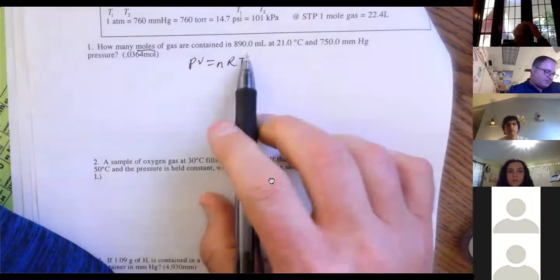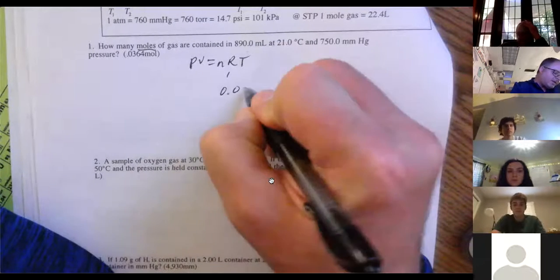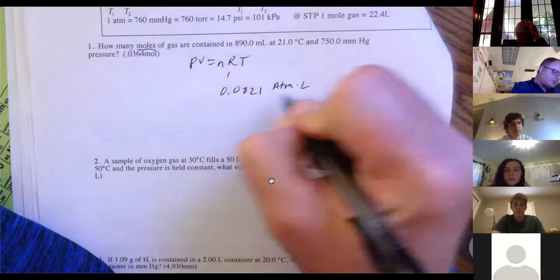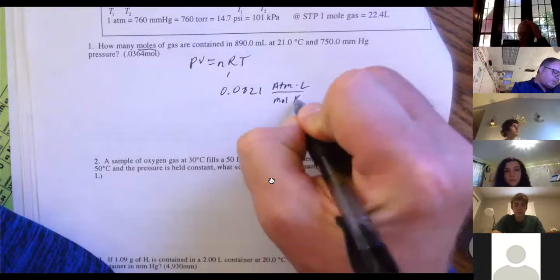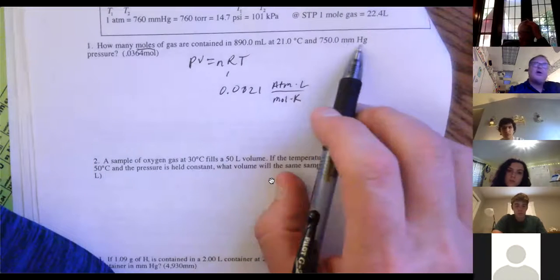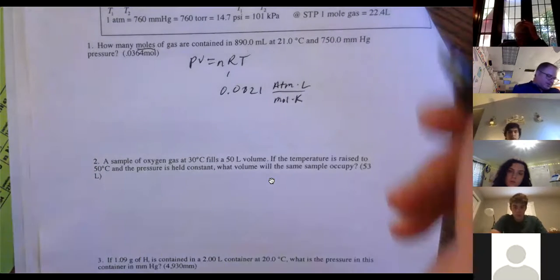If I want to use the R of 0.0821 atmosphere liters per mole Kelvin, I've got to do some work here. I've got to change this from millimeters of mercury to atmospheres. 750 divided by 760.